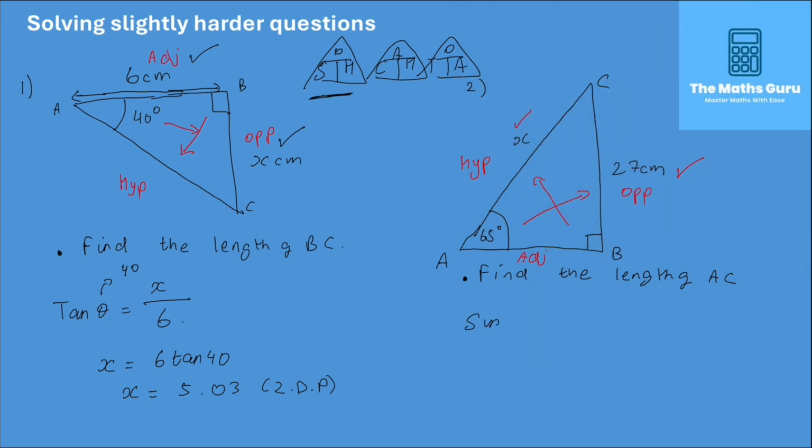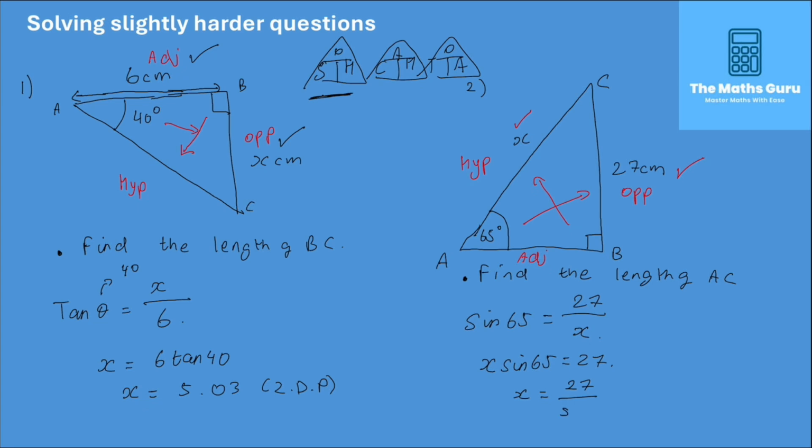So sine, our angle is 65, sine 65 is equal to our opposite over hypotenuse, looking at the triangle, so 27 over x. So if we rearrange the equation, we times through by x on both sides to get x sine 65 equals 27. Now we need to solve for x, so we need to divide through by sine 65.